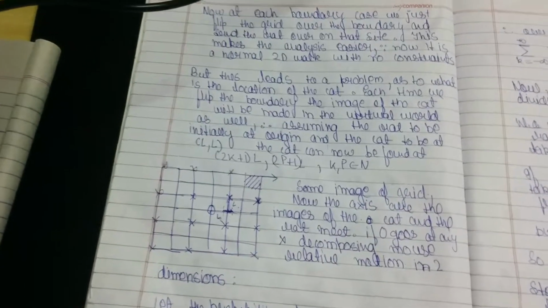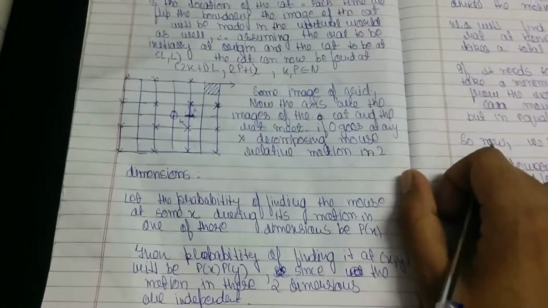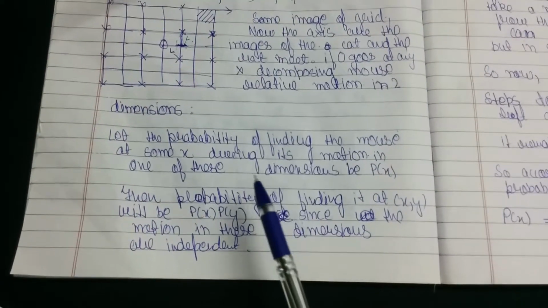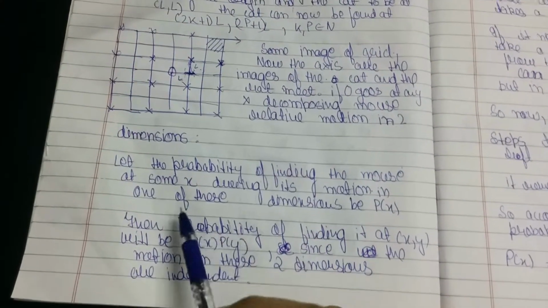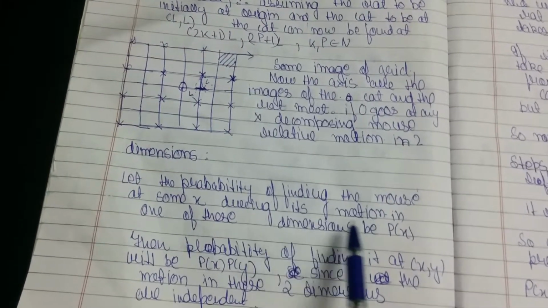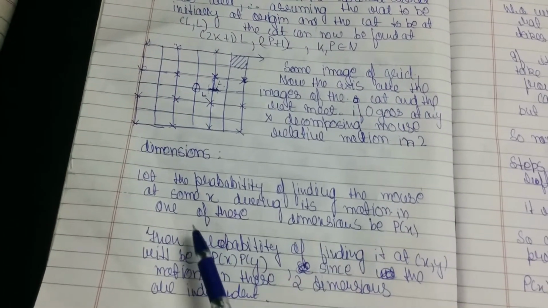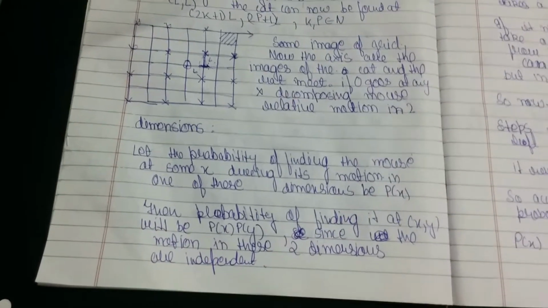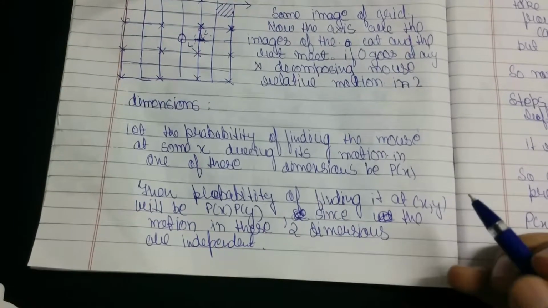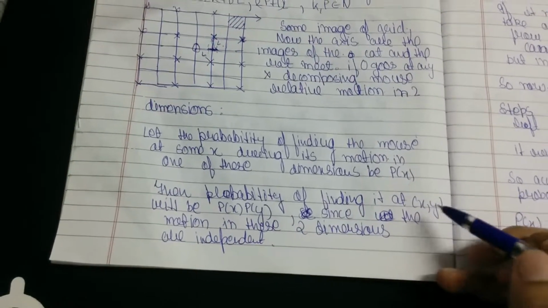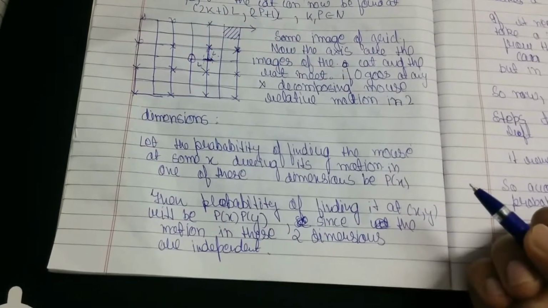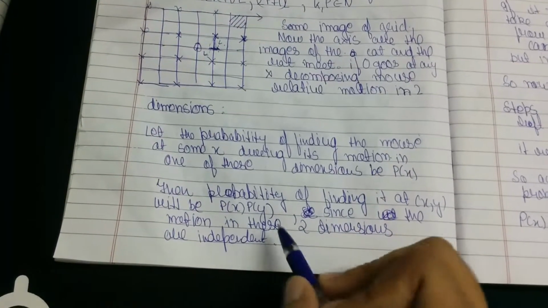Now let's calculate the probability of them meeting. Let the probability of finding the rat at some x during its motion in one of these dimensions be p of x. As the motion of the rat is independent for both directions, we can calculate it for x and it will be the same for y, and the total probability will be the multiplication of both.